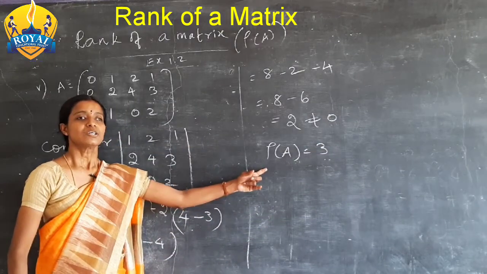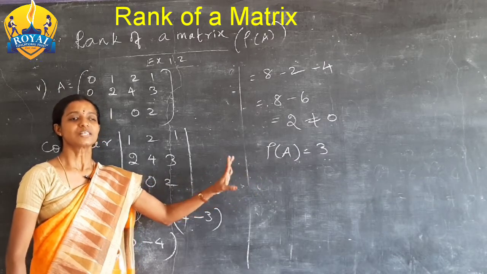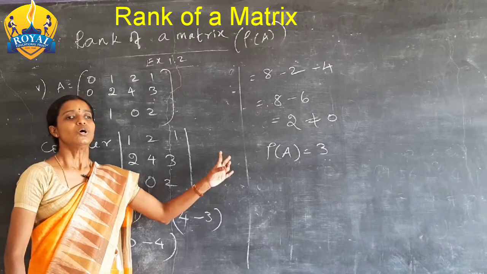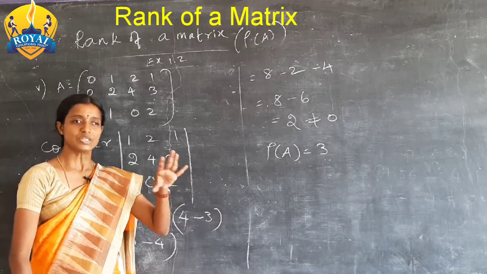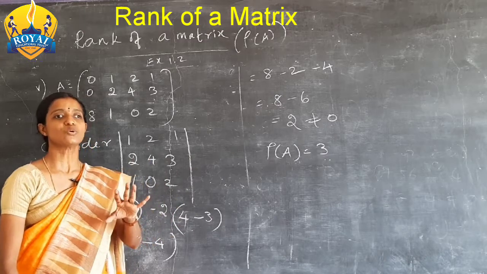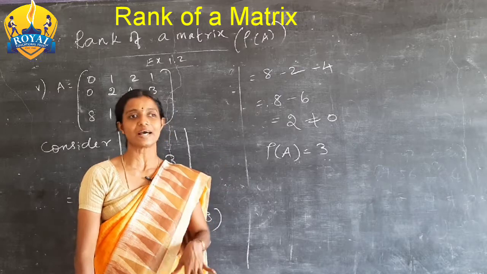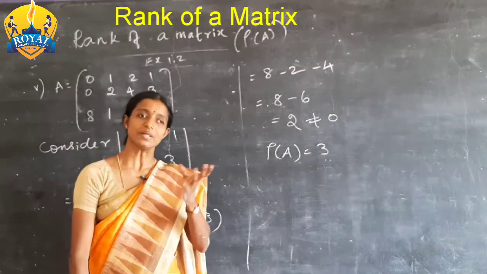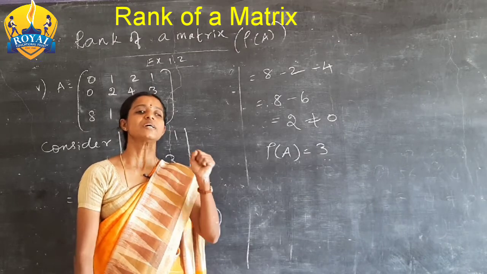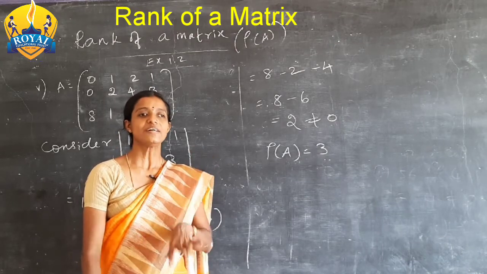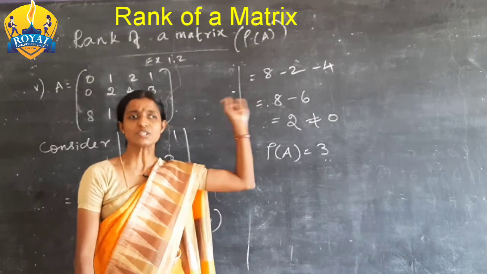Understood, children? Any doubt with the minor method? The minor method is applied according to the different kinds of matrices. What are all the possible ways of choosing minors? First check whether you have a square matrix. If you have a square matrix, you find the determinant directly. If you have some other order of matrix, you pick up different kinds of minors and evaluate them, for which you need to start with the highest order first.